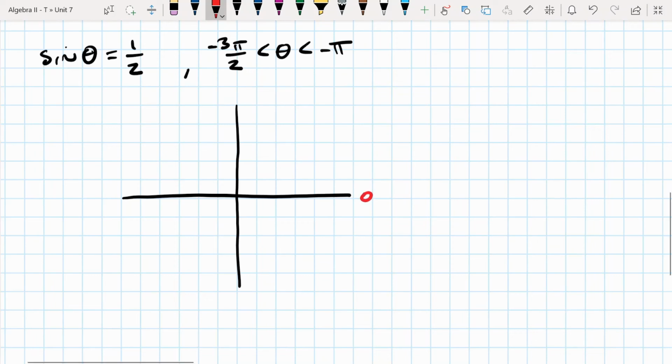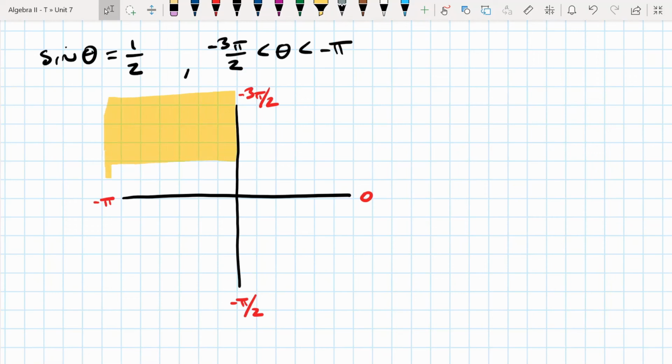So if this is 0, this is negative pi over 2. This is negative pi. This is negative 3 pi over 2. So it's kind of the reverse of going around counterclockwise. And so if we're between negative 3 pi over 2 and negative pi, the tricky thing about this question is recognizing that we're actually going to be here in the second quadrant.